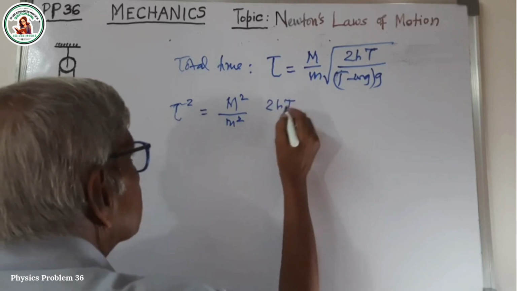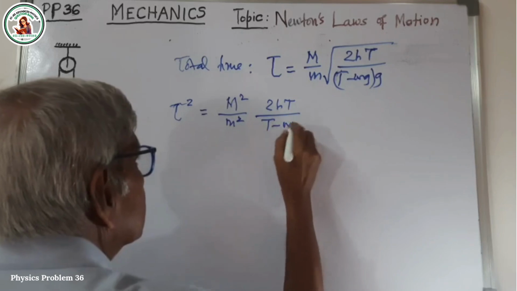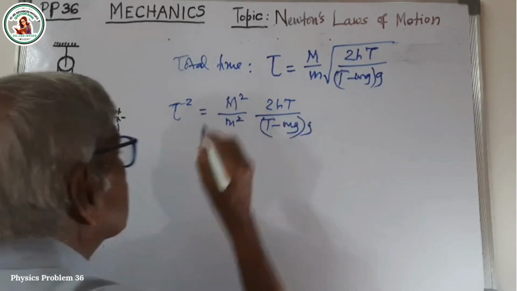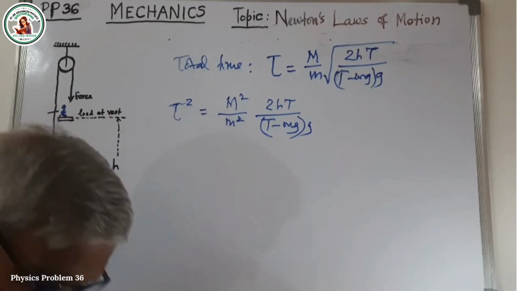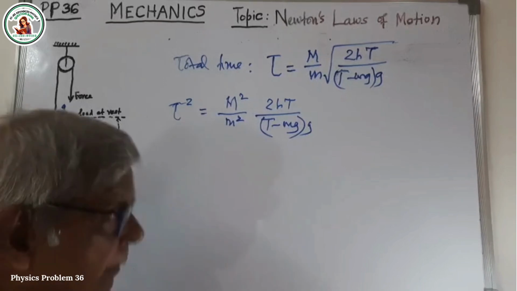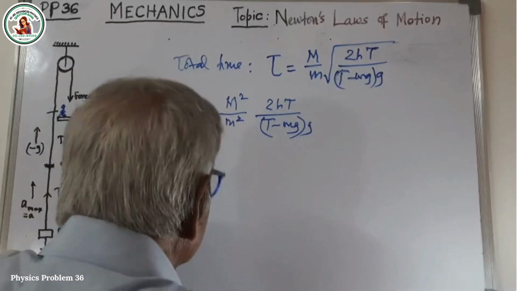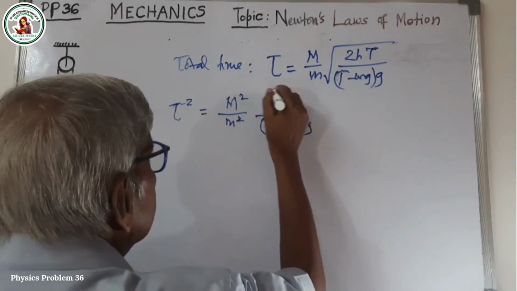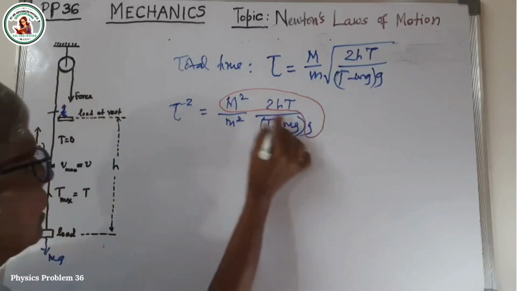Tau square is equal to 2hT by (T minus mg) into g, times M square by m square. Here you can see certain quantities are constants. Capital M is a constant, and this is a constant. The variable part is here only.